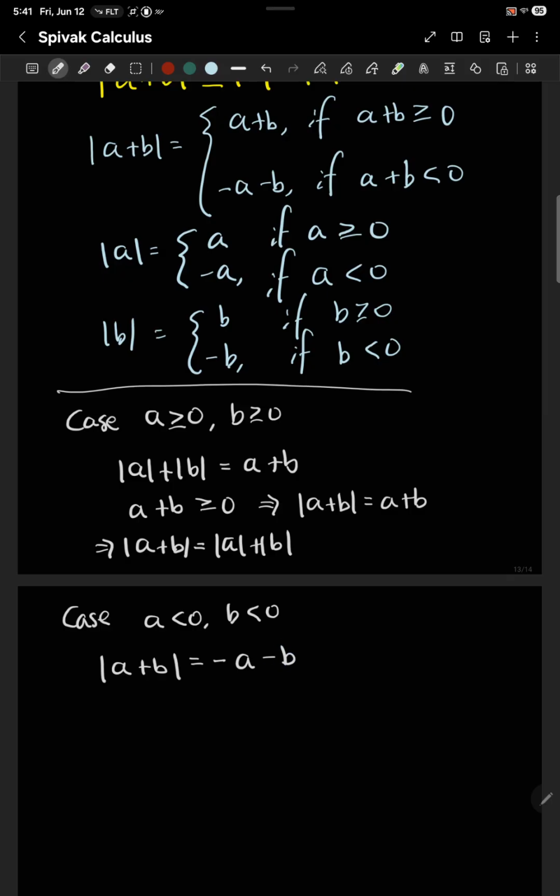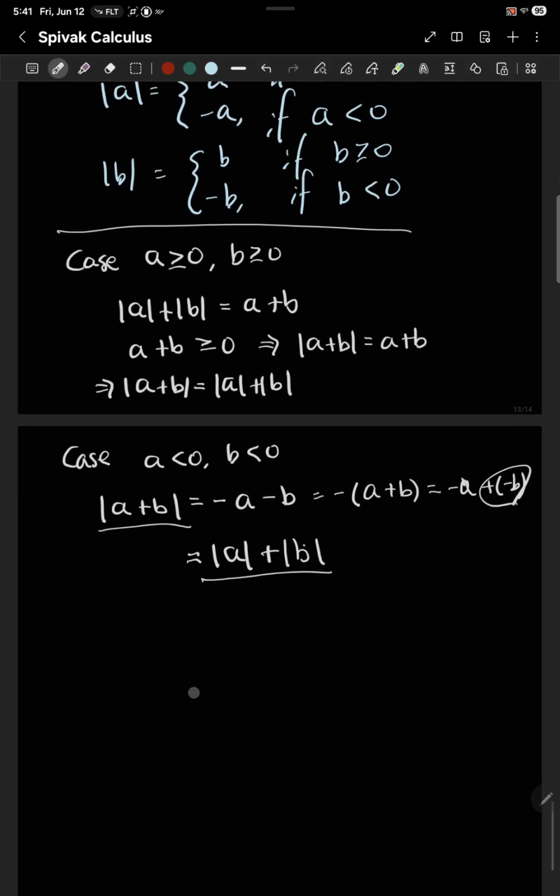This comes from multiplying a plus b by a negative, and by the distributive property it's minus a plus minus b, right? And this minus a is the same as the absolute value of a, because right now a is less than 0. And the second term, negative b, is the same as the absolute value of b, which indicates that these are in fact equal.